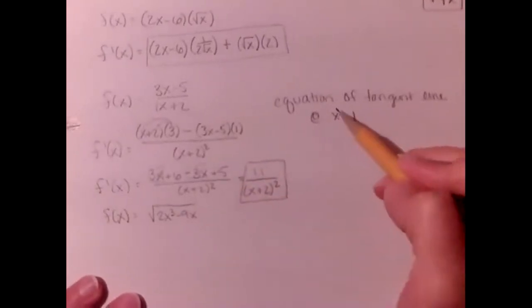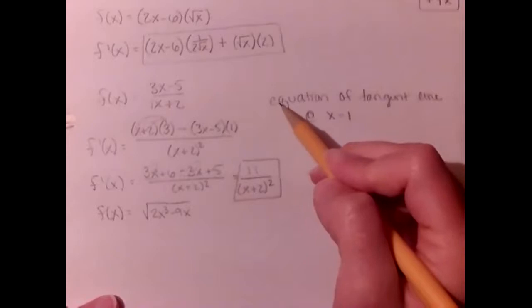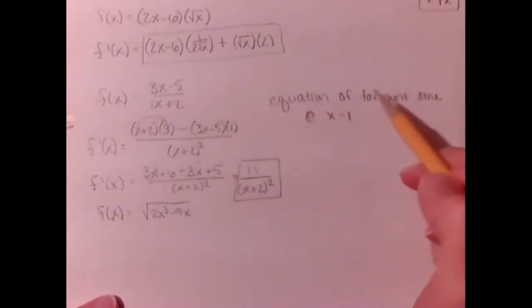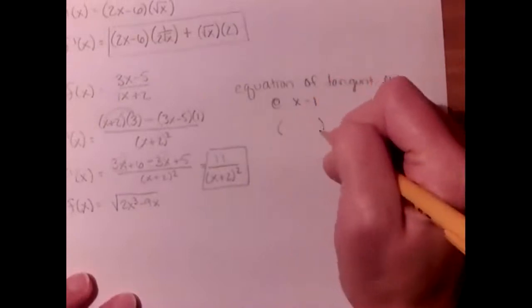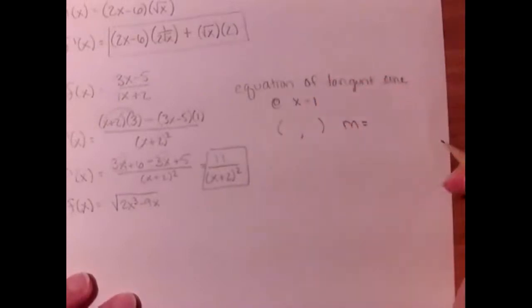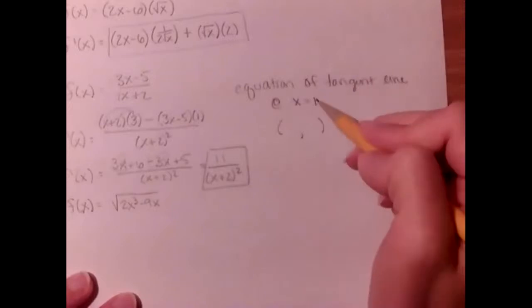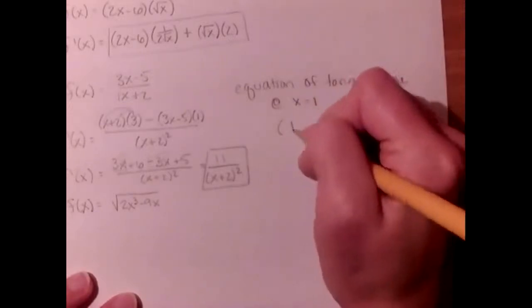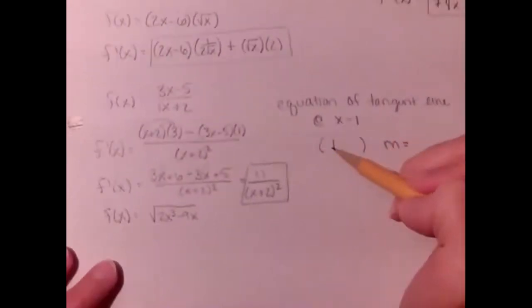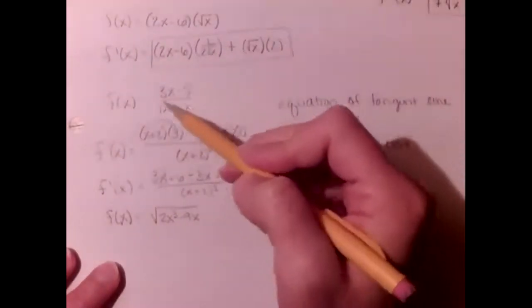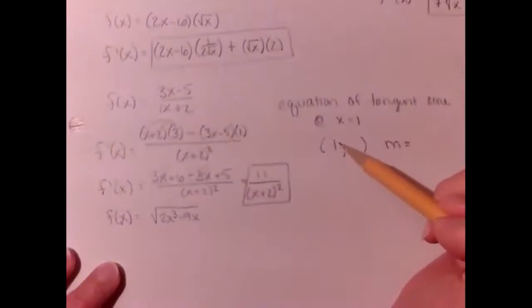Now I added a question to this just to go over tangent line equations, since that's what we did last time. For an equation of a tangent line, you need 2 things. You need a point and you need a slope. And our point of tangency is going to be at x equals 1. So my point is going to be 1, something. So we're going to plug 1 into the original function just to see what we get.